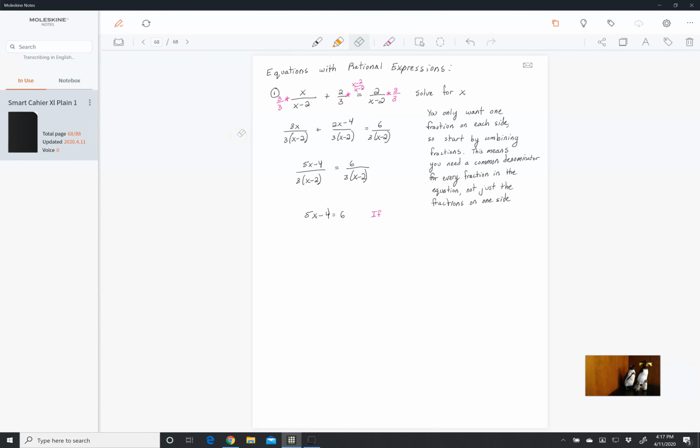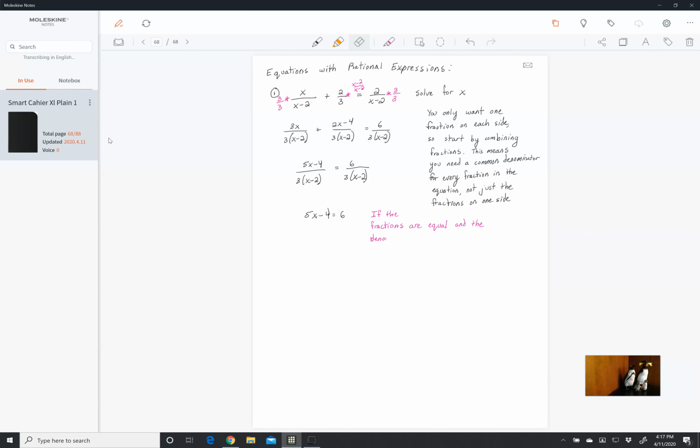So if the fractions are equal and the denominators are equal, then the numerators must be equal.